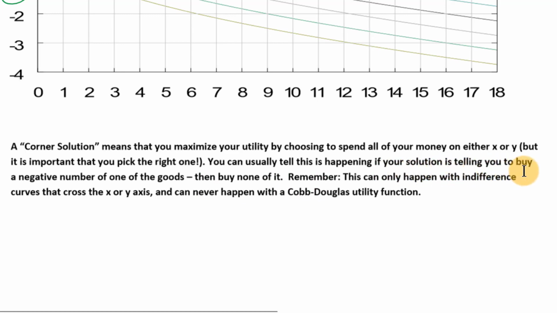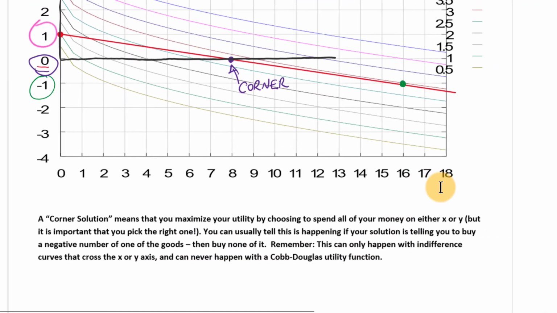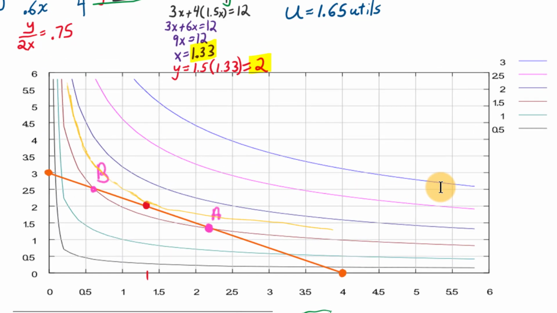But remember, this can only happen with indifference curves that can cross the x or y axis. This can never happen with a Cobb-Douglas utility function because, remember, with these, they never touch the x or the y axis. A corner solution would always give you 0 utils. So in this case, if we bought 4 x's and 0 y's, we'd end up with no utility.